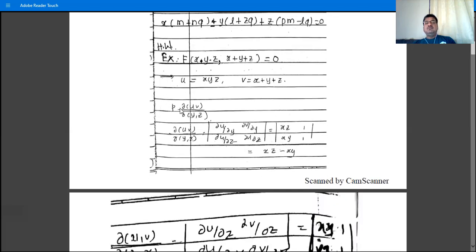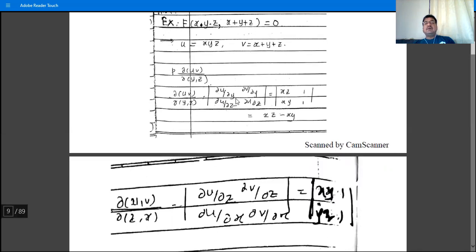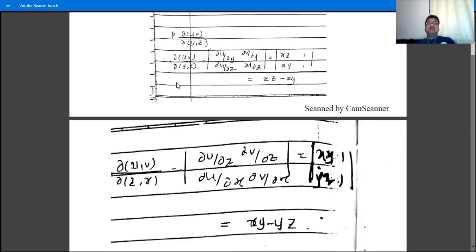First, find ∂(u,v)/∂(y,z), which is the determinant with ∂u/∂y, ∂u/∂z in the first row and ∂v/∂y, ∂v/∂z in the second row. ∂u/∂y is xz, ∂v/∂y is 1, ∂u/∂z is xy, ∂v/∂z is 1. So we have xz minus xy as this determinant, the Jacobian.